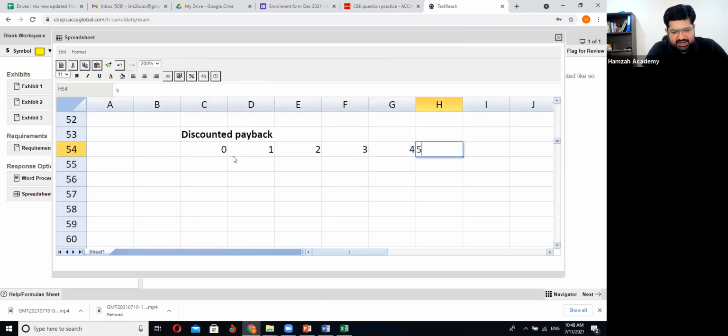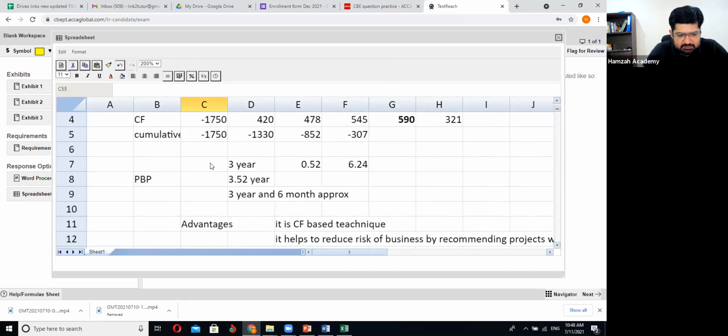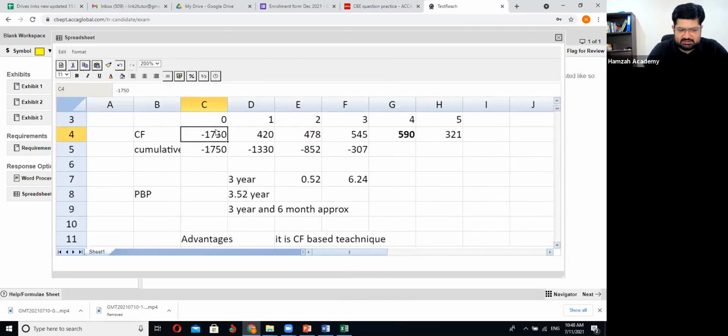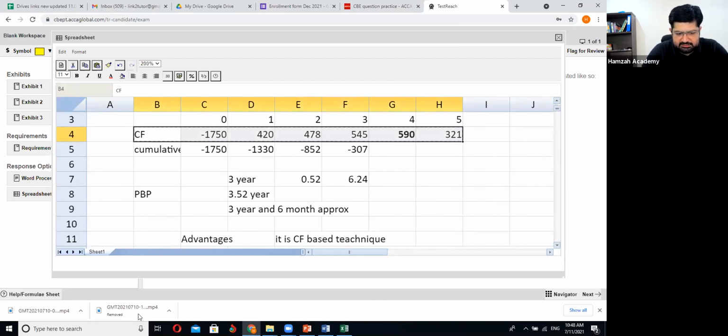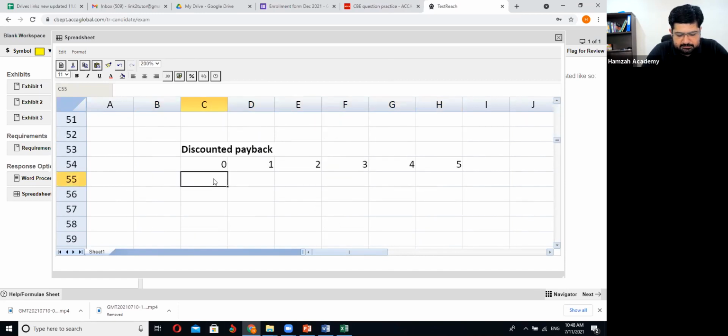Similarly, we will write the cash flows of the project. Let me copy the same cash flows. These are the cash flows of the project. I will just change it a bit.